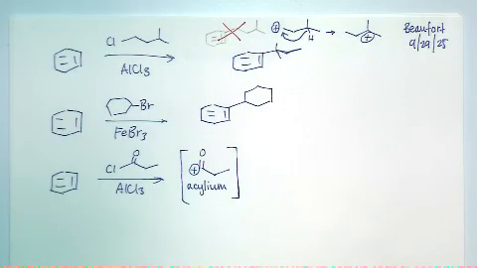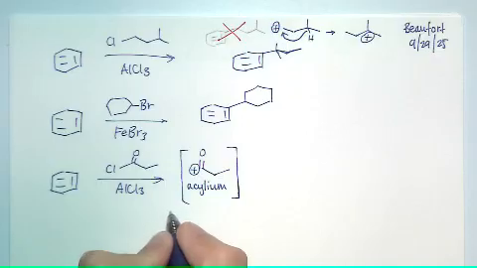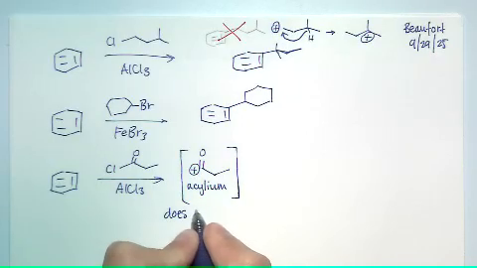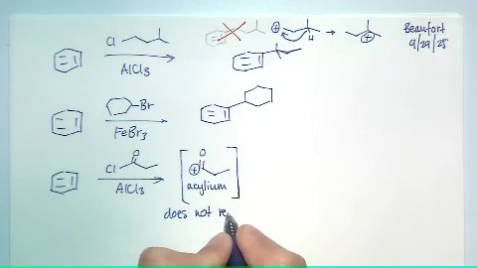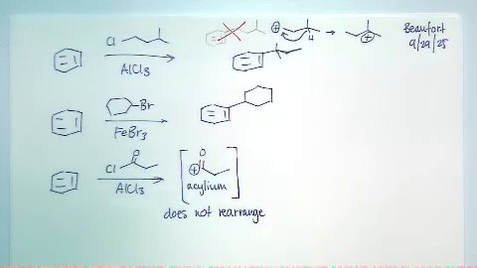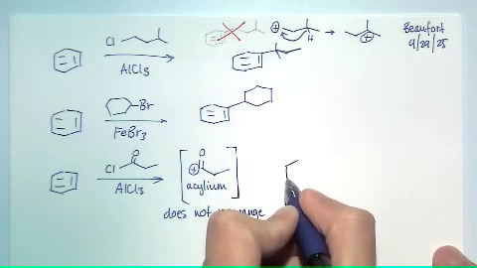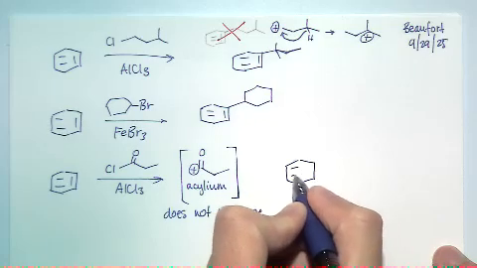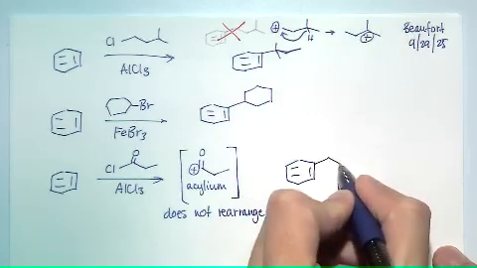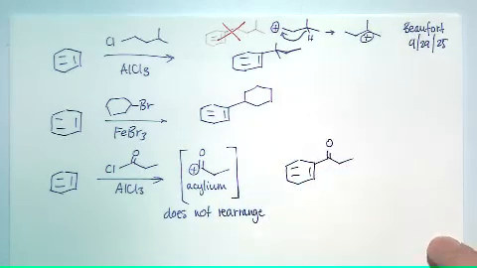And the nice thing about this is that it doesn't rearrange. And so in this case, we can just sort of plug and play. And we don't have to worry about doing rearrangement.